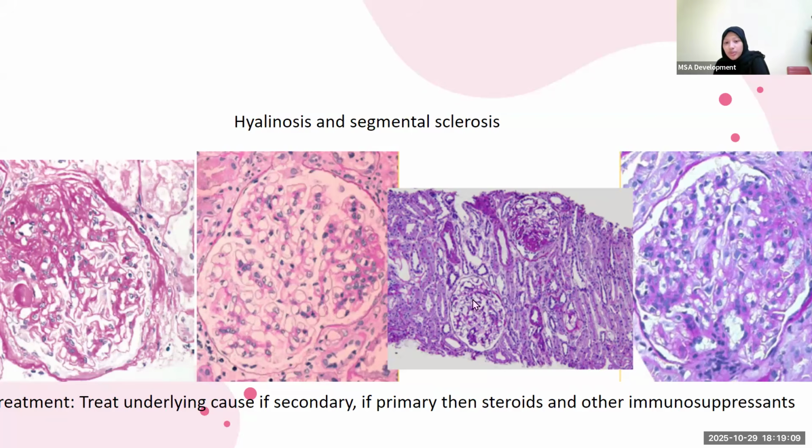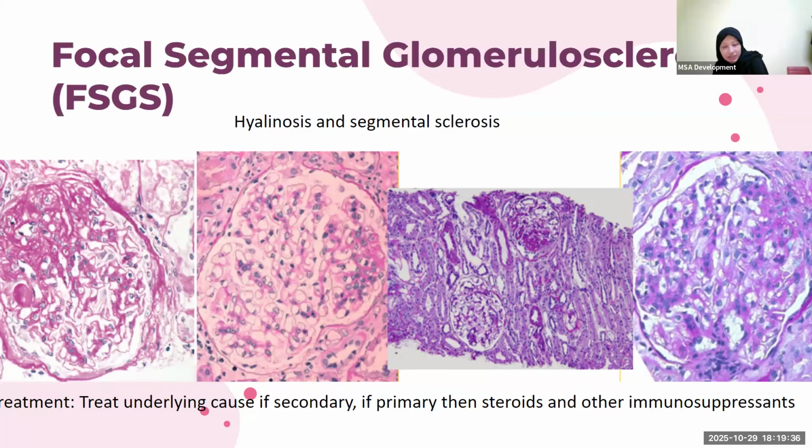Here, these are two glomeruli. This one has a part that looks very dense and sclerotic, whereas the others look normal here as well. If you see a glomerulus that's half damaged, half normal, with sclerosis and hyalinosis, the same thing, dense material in part of the glomeruli, we call this disease focal segmental glomerulosclerosis, FSGS.